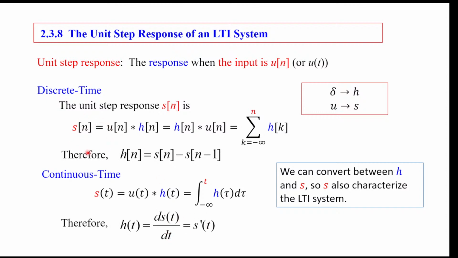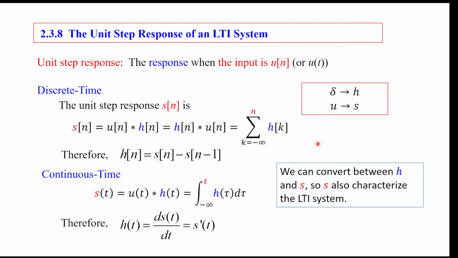For the discrete case, s of n is the response to u of n, so that should be u of n convolved with h of n, because the output of any system is the input convolved with h. So that's u of n convolved with h of n, and by commutativity of convolution, that's h of n convolved with u of n.